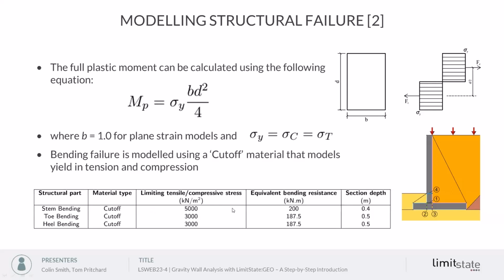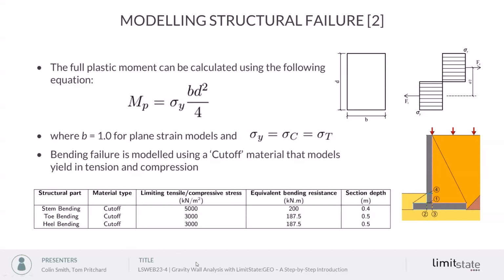In the table below, we've got the bending resistance in the 4th column. That's what we're aiming for, and the section depth in the 5th column. Combining those two using that formula, we can back calculate what the yield stress would need to be, and these are the values we're going to put in the software.